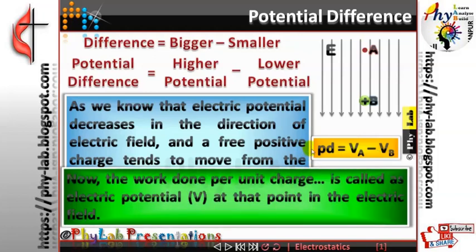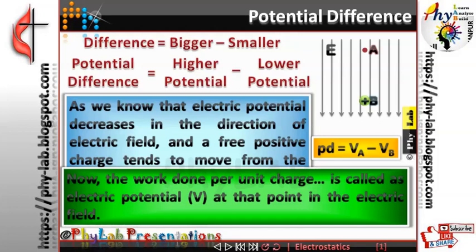Now friends, since the charge moves on its own from the region of A to B, you don't have to do any work. Rather, you will be obtaining the work. So work will be done whenever I am going to move the charge from the region B to the region A. Hence, work done per unit charge. If you remember, I told you work done per unit charge.